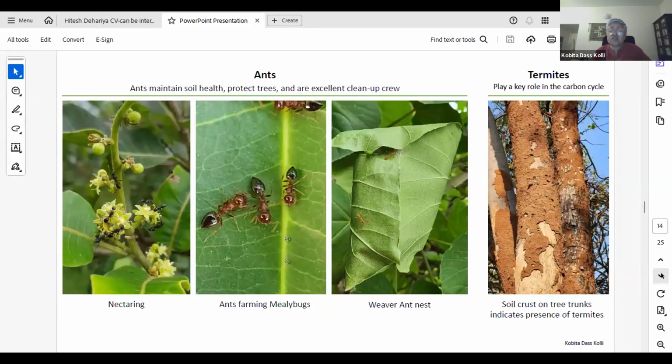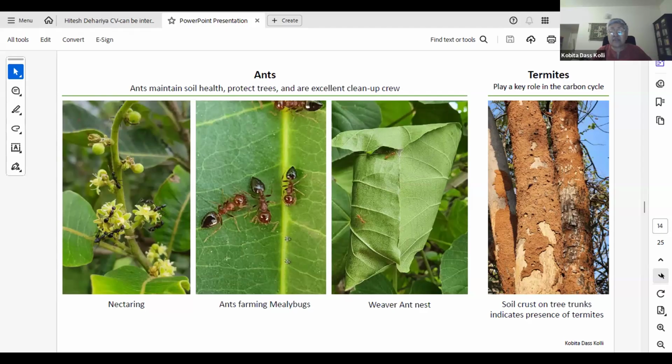Other associations are like ants. So you'll see different species of ants, not most probably, but you will find, because there are sometimes specific interactions, like for example, these Crematogaster, they are nectaring ants, so you'll find them on the flowers, but they also have association with mealybugs.